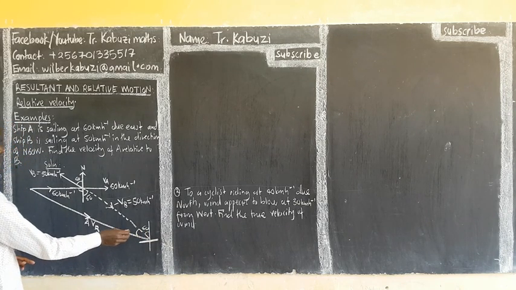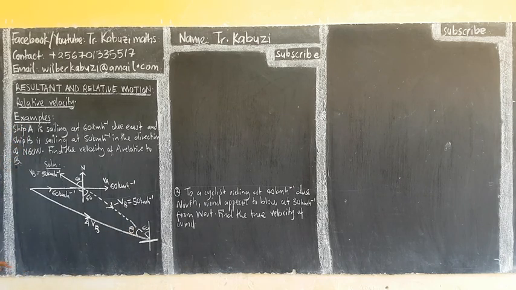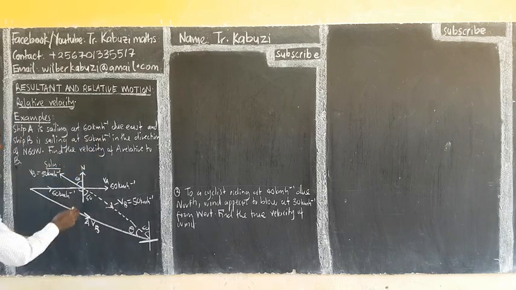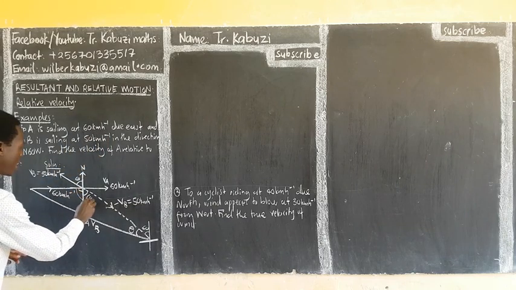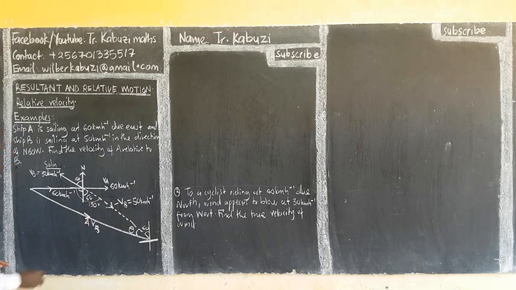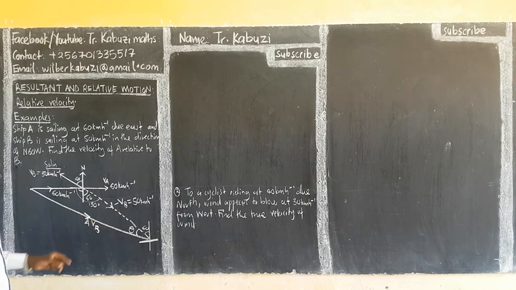We shall use this angle, theta, there. So what are we going to use? We are going to use the cosine, because the whole of this from here up to here is going to be 60 plus 90, which is 150 degrees. We have this angle, so we can aggregate this now.